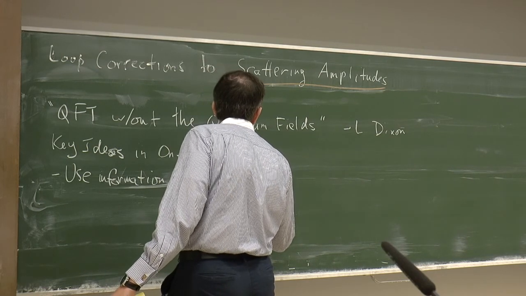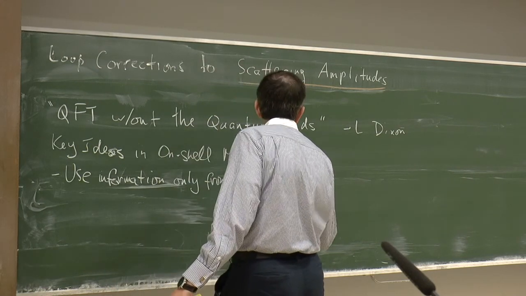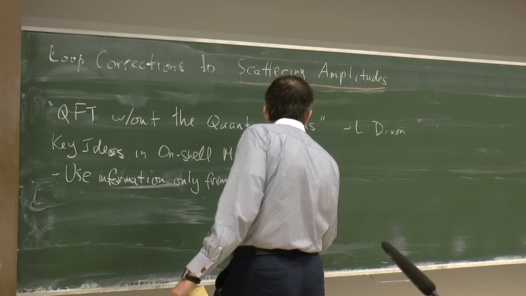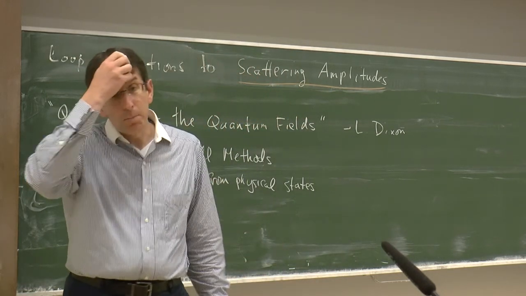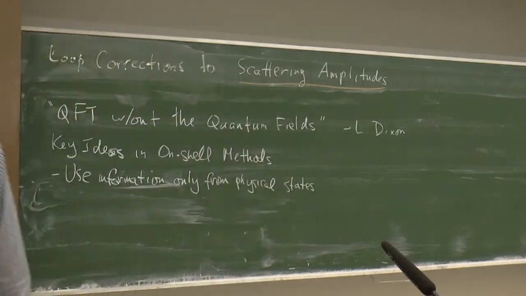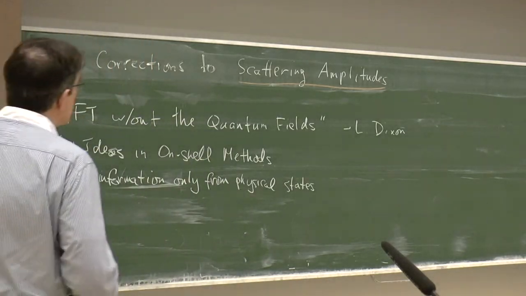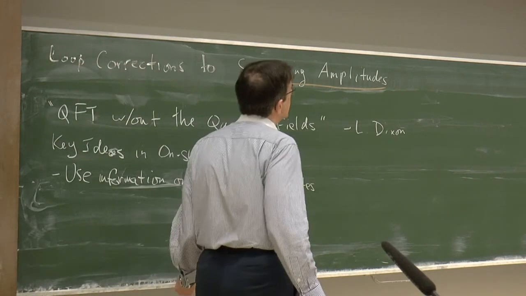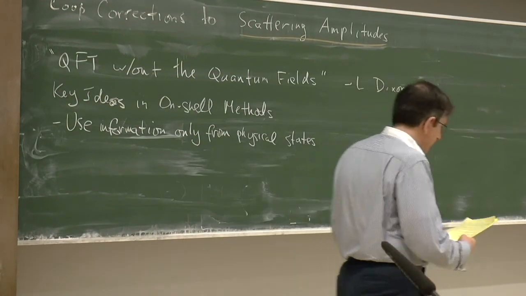In the case of gluons, for example, that would mean transverse on-shell states. That doesn't mean that there aren't virtual particles, off-shell states hiding inside tree amplitudes or loop amplitudes. Just we're not going to use them explicitly in calculations.